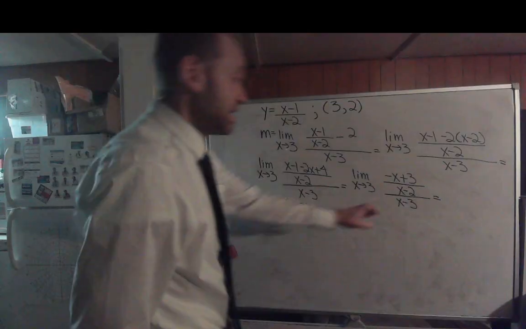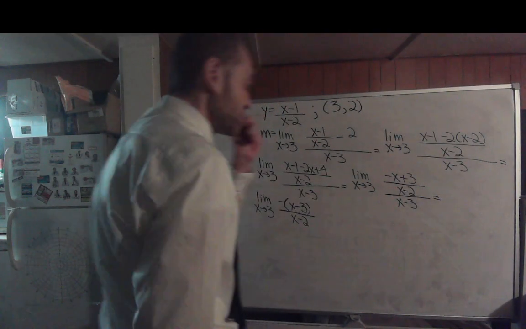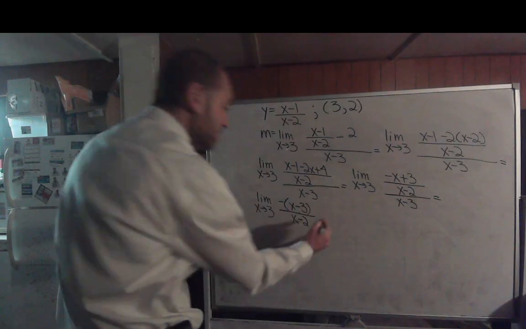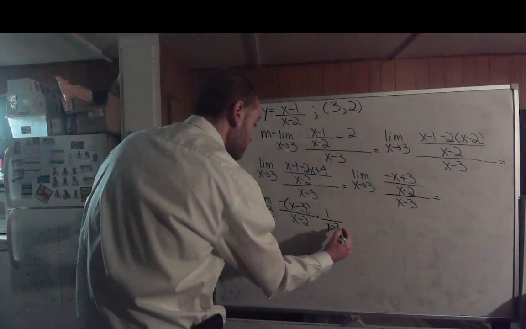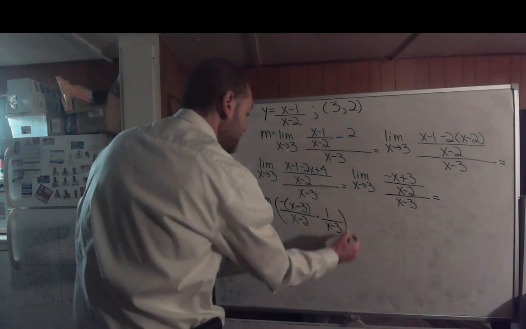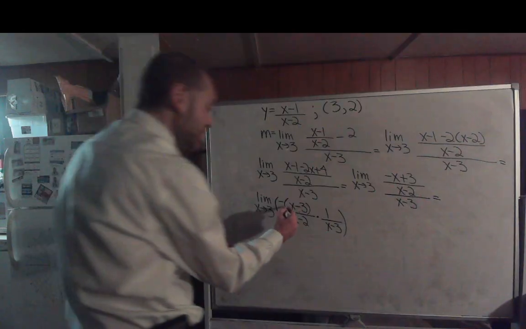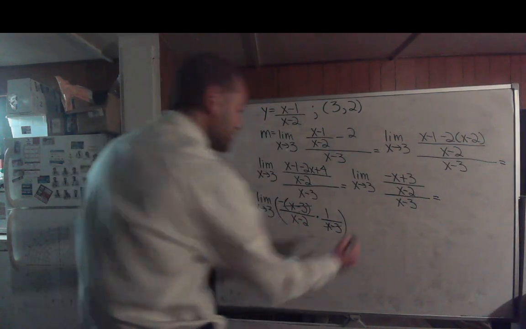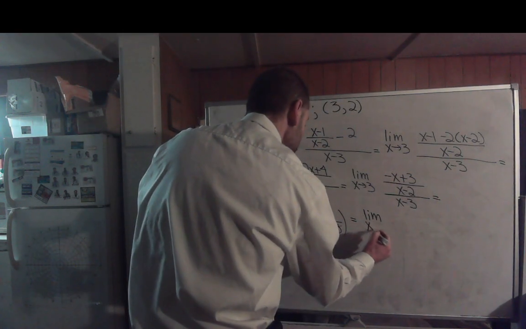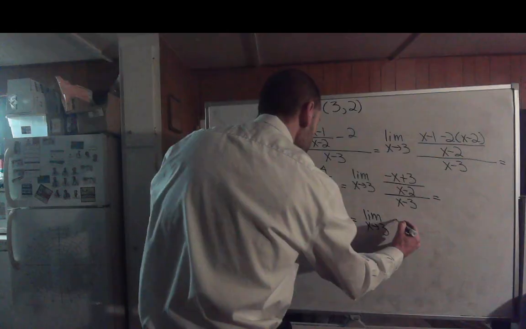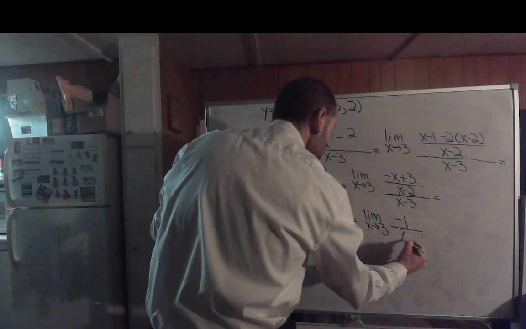And then in the denominator, you have x minus 3. A complex fraction, you invert and multiply. This would be times 1 over x minus 3. And now your x minus 3's cancel out. This would just turn into the limit as x approaches 3 of negative 1 over x minus 2.